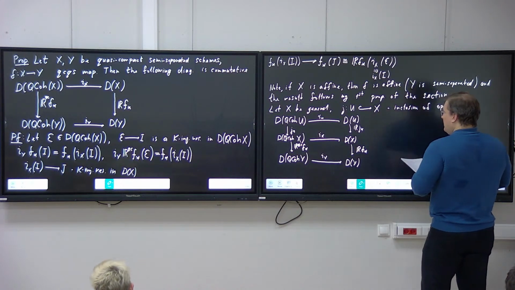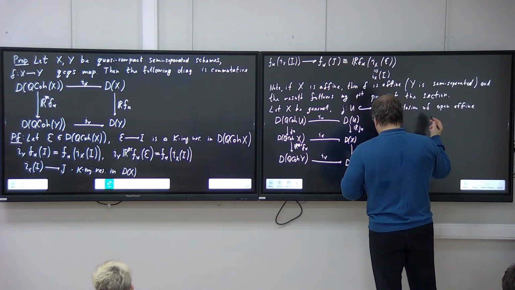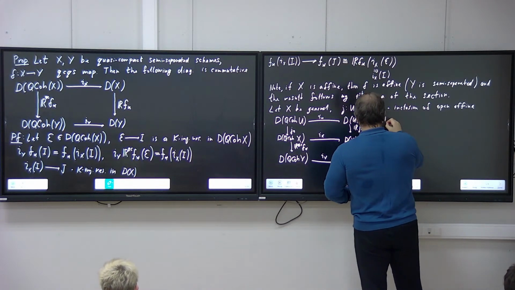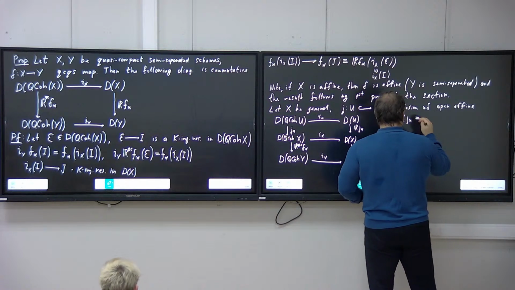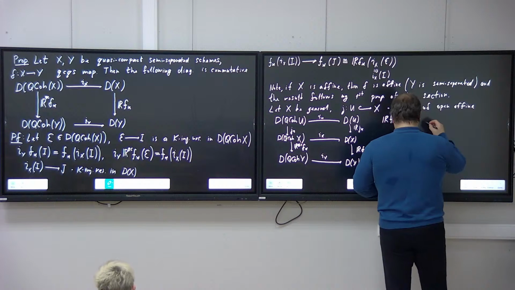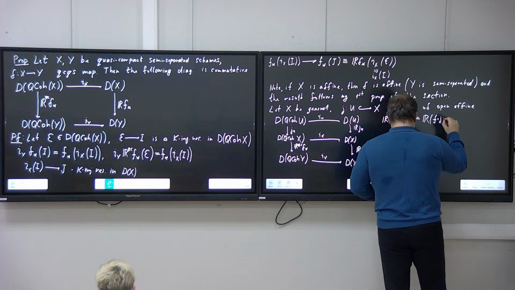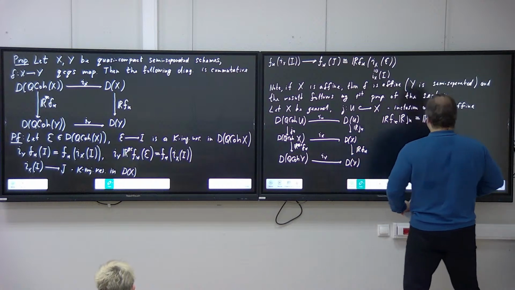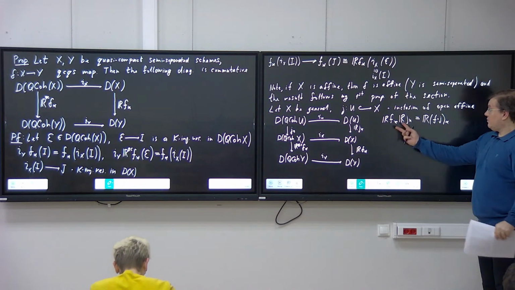X also is semi-separated here. Yeah, and then we have the following. If you take the composition RF lower star RJ lower star, since we know that the derived functor of the composition is the composition of derived functors, if you have all the right assumptions, this is a general property for a composition of two maps.